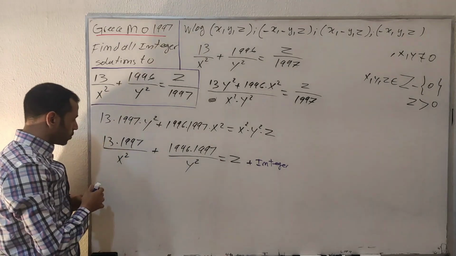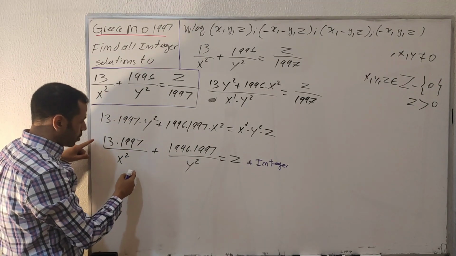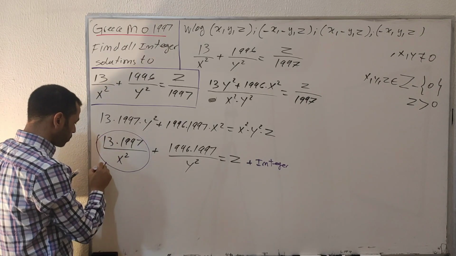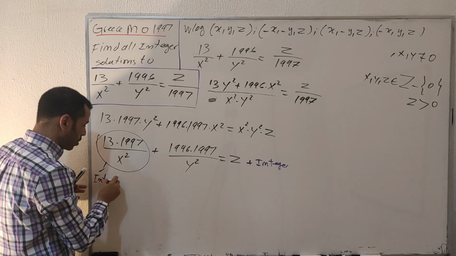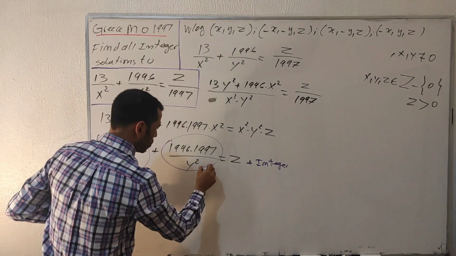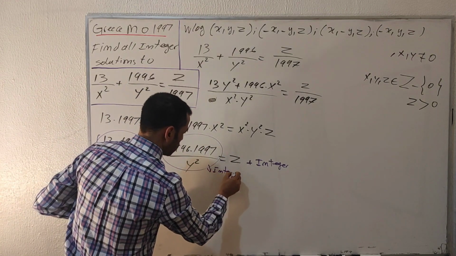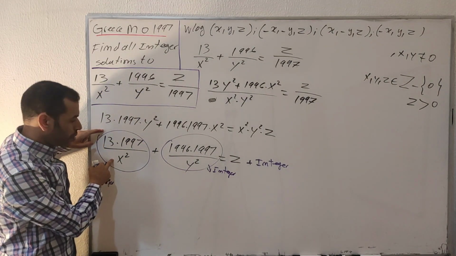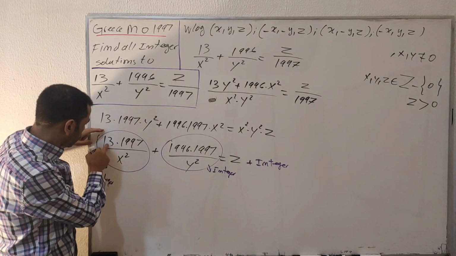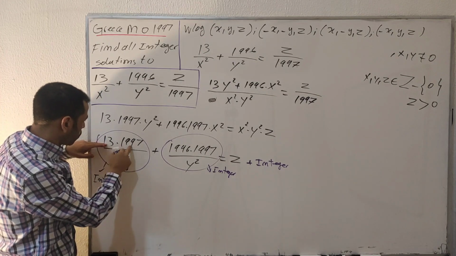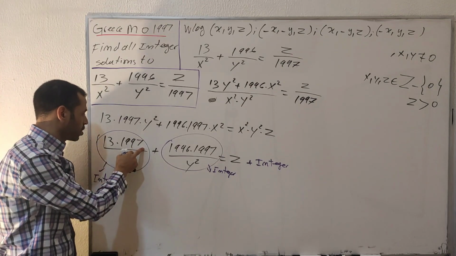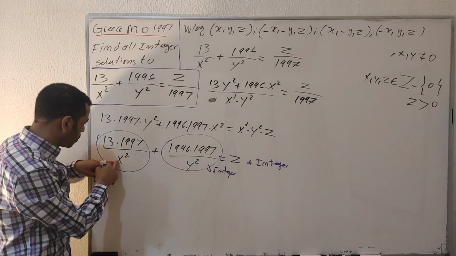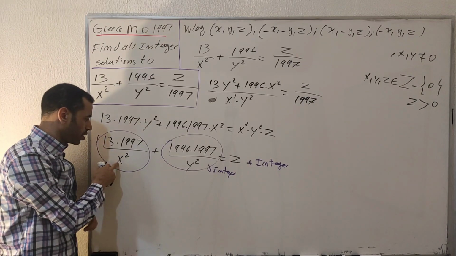So this term is an integer, and this one must also be an integer. But to have this as an integer, x must equal one of these numbers, 13 or 1997. Especially 13 and 1997 are prime numbers.